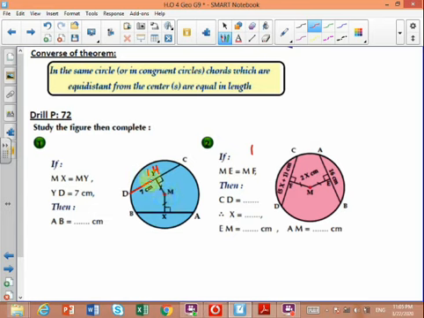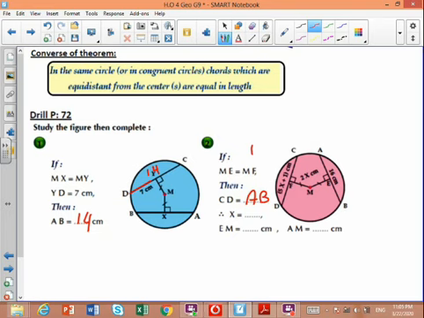As MX equals MY, they are at equidistance, so AB will be equal to CD, which equals 14 centimeters. Okay, number 2, ME equals MF, so the two chords also are equal, so CD will be equal to AB.